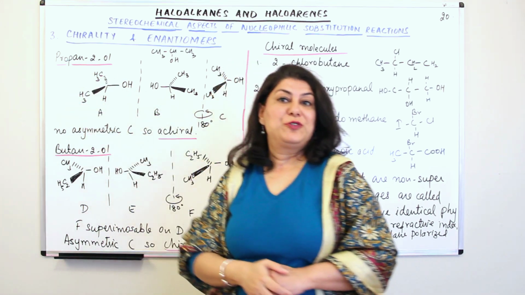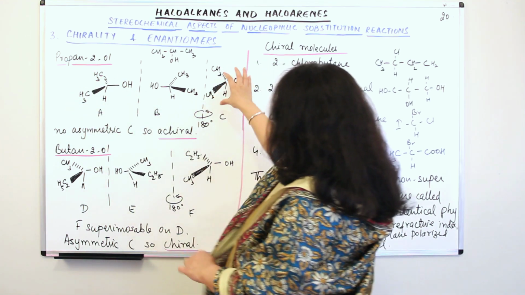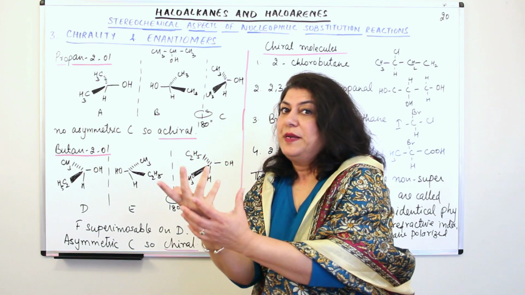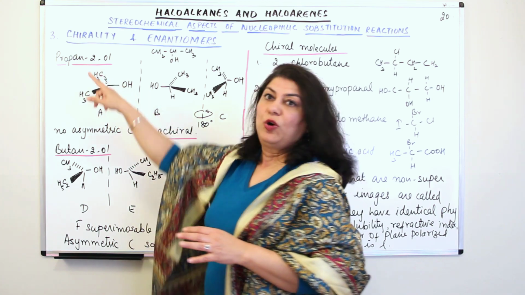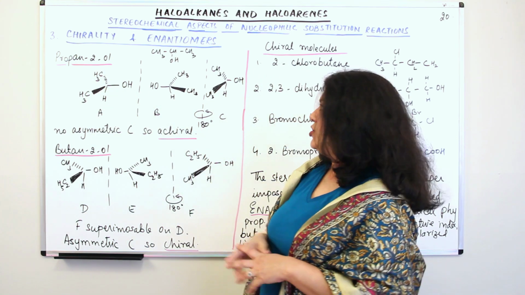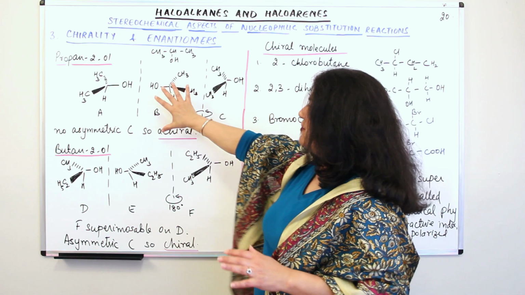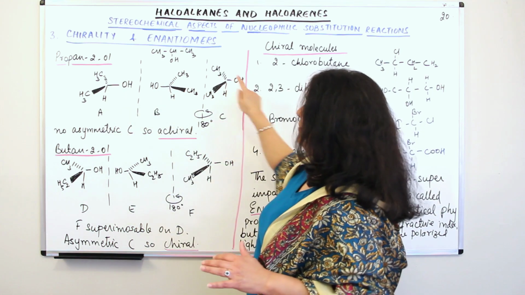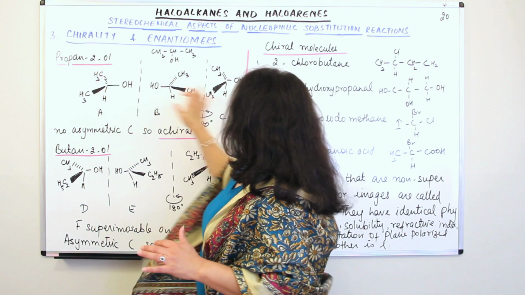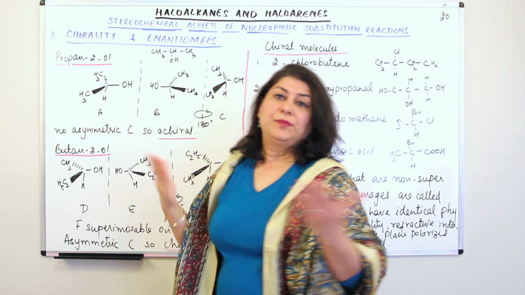They were methyl groups. So now if you take this rotated mirror image and you try to superimpose, that is, place it over the original molecule, you can place it on the original molecule, because after turning it around 180 degrees, you again have the hydrogen here, you have the OH here, you have CH3 here, and you have CH3 along the dash.